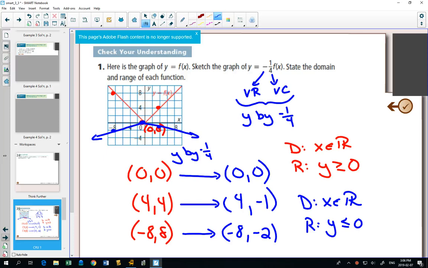The original one, can you see that its original equation is the absolute value of x? That's one of the ones that we learned. What would be the actual equation of the blue one? The actual equation would be, well, there'd be a negative 1/4 in front of the function, so it would equal negative 1/4 absolute value of x.